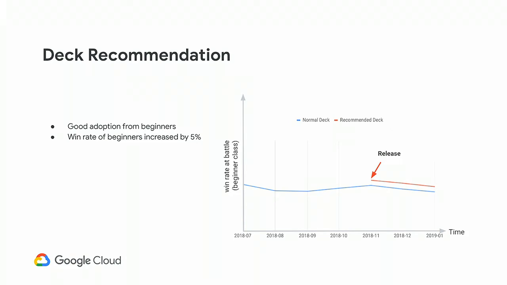Also, I'd like to mention that this function has good adoption even for top-tier players. This was sort of a byproduct, but we are observing that the heavy players usually update their decks frequently, and this recommendation system mitigates the cost of building a deck from scratch. They use the recommendation as a first suggestion, and then customize the deck as they want.